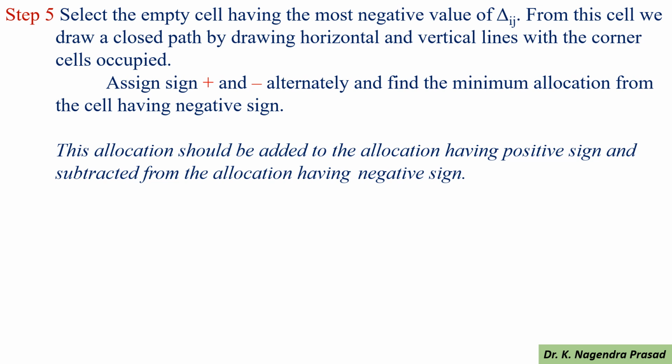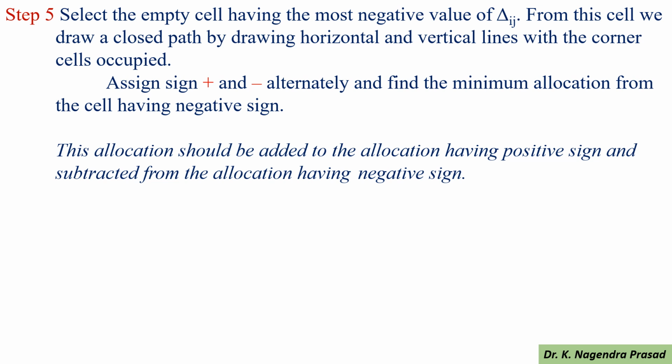The fifth step is to select the empty cell having the most negative value of delta ij. From this cell, we draw a closed path by drawing horizontal and vertical lines with the corner cells occupied.